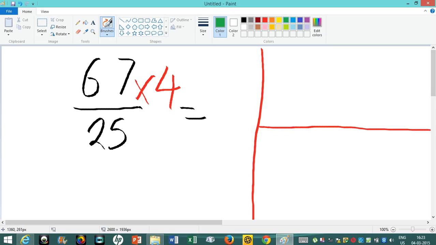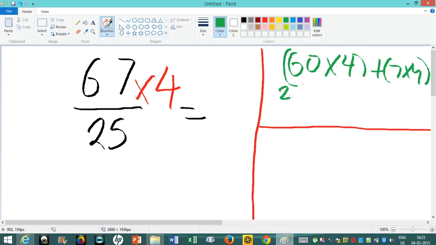The first one is to split 67 into 60 and 7. Then you do 60 times 4 plus 7 times 4, which is 240 plus 28.